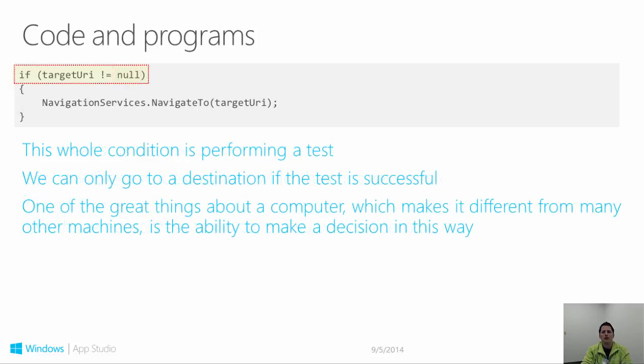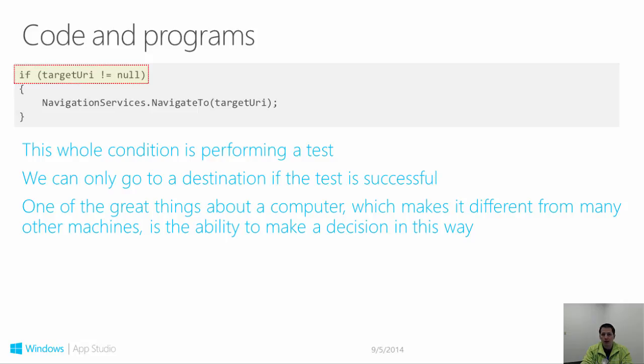Now let's evaluate the entire statement based on what we've learned. In this case, you know we are checking something with our if statement and checking the value of a variable for a null value. An if statement will perform the extra code statements if the comparison equals true. So in this case, if the target URI variable does not contain a null value, then the additional code will be run.